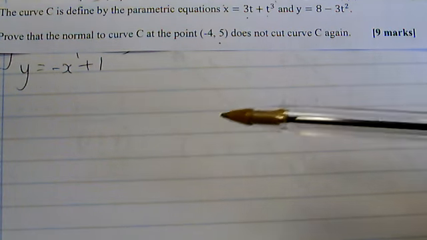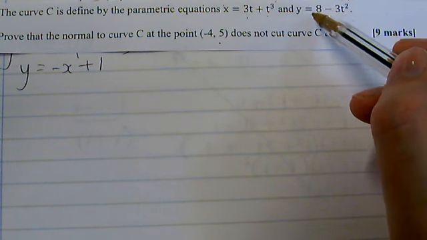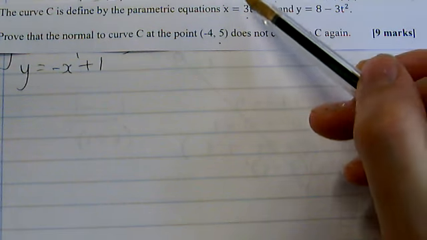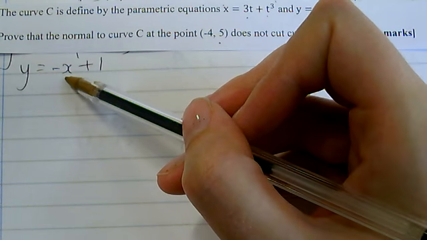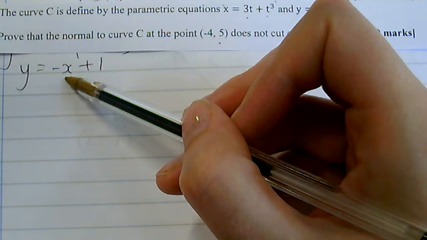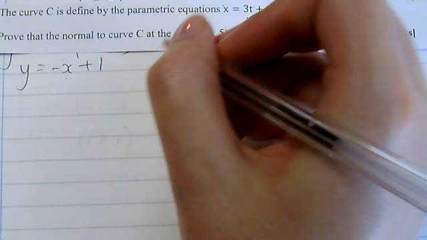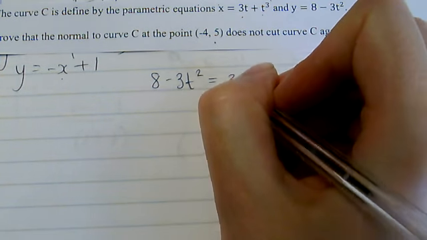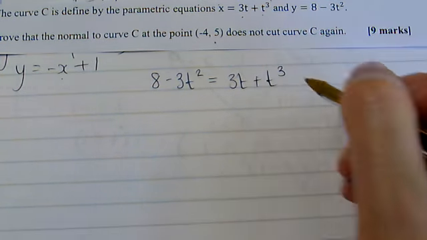The sneaky cheat way is, I know y is worth 8 minus 3t squared, so I could pop that in here. x is 3t plus t cubed, so I could pop that in here. And then I'm just going to have a cubic to solve in t. So let's do that. I've got 8 minus 3t squared equals 3t plus t cubed.